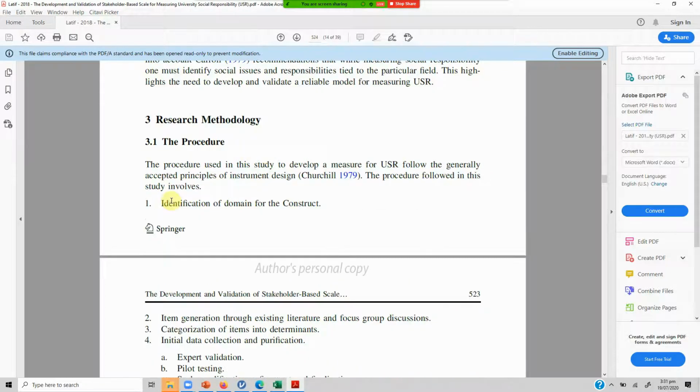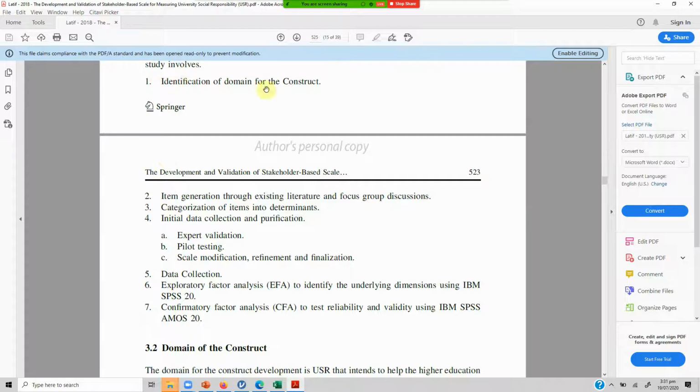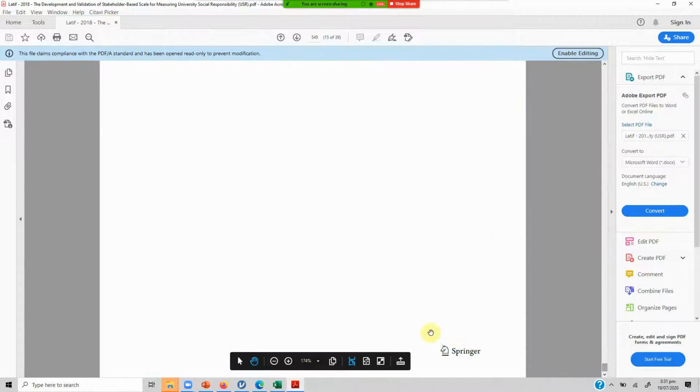Then the procedures. I was the only one who wrote it. So I started with identification of the domain of the construct. Then the generation of items through existing literature and focus group discussion. The same thing that I've already identified. So what did I ask the focus group?